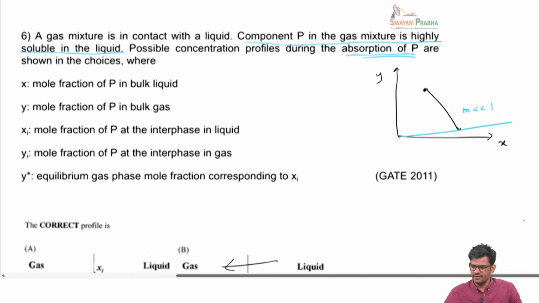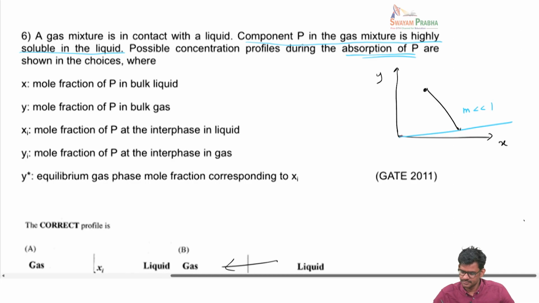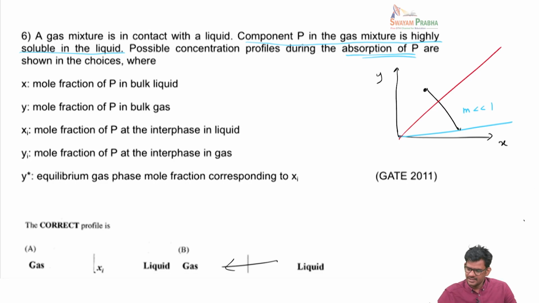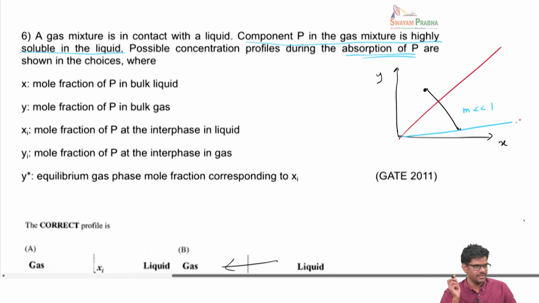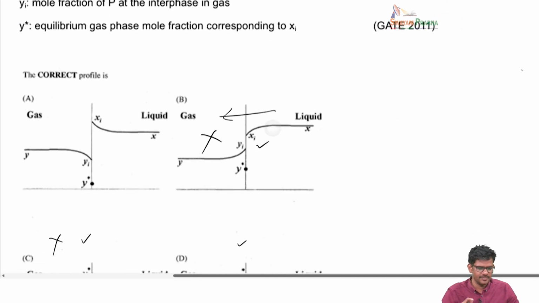You can get this information from the equilibrium line that they have given us: a very soluble problem. The y equal to x line would be somewhere here, right? y equal to x is a 45-degree line where y is equal to x, but we have a line that is here. So for a given x, y will always be smaller. That's what you see here. For the given equilibrium concentration of x, the equilibrium y will be smaller because m is very small.